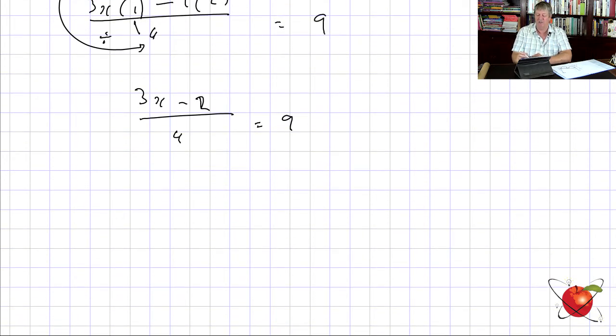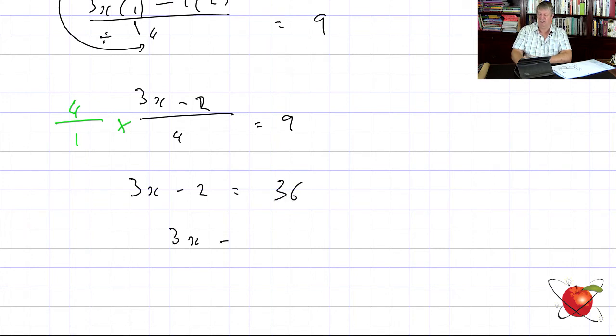The opposite to divide by 4 is times by 4 over 1, which leaves us with 3x minus 2 equal to 4 times 9, which is 36. Then I must add 2, so 3x equals 38, and x is equal to 38 over 3.